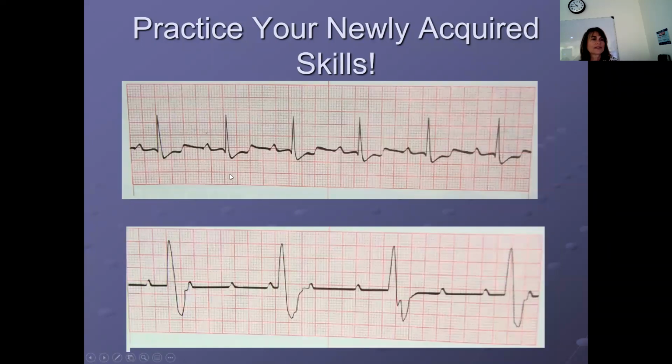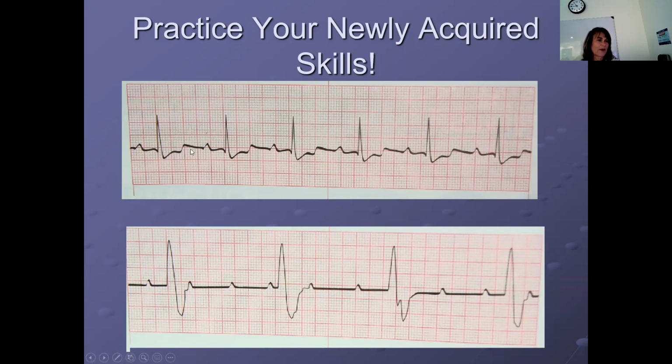Okay, here's some more examples. What is at the top of the page? So it's second degree type 2. That's a crazy looking T wave, isn't it?